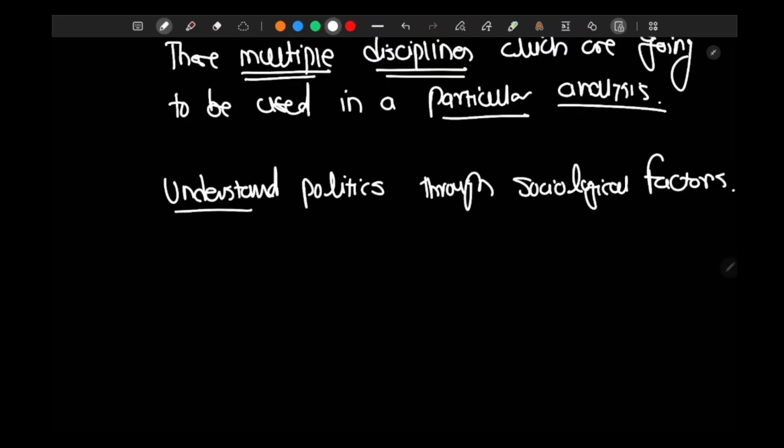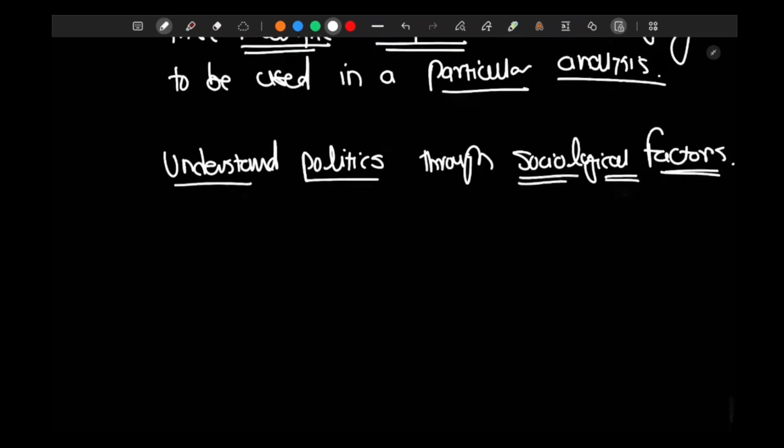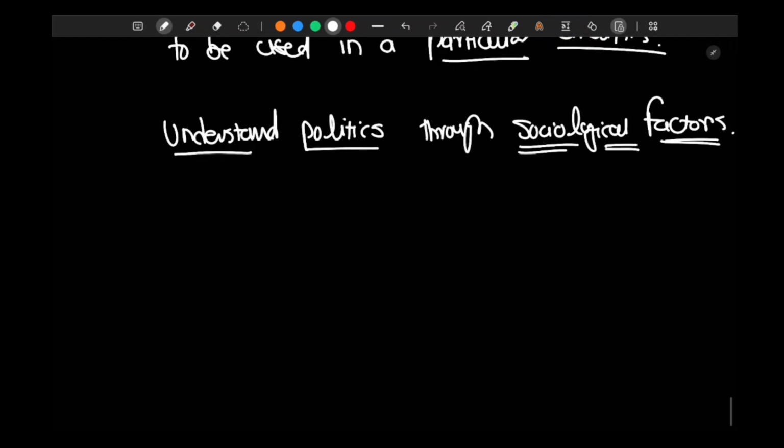Understanding politics through sociological factors. That is what the political sociology approach is all about. How sociological factors affect the political system.